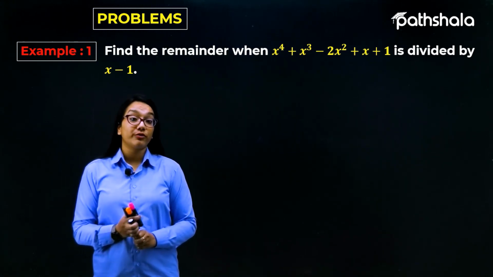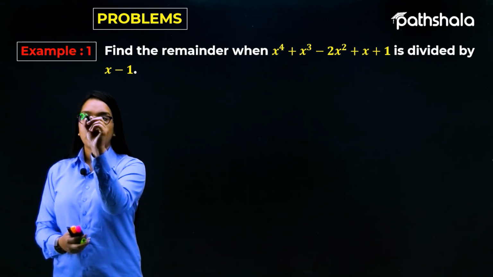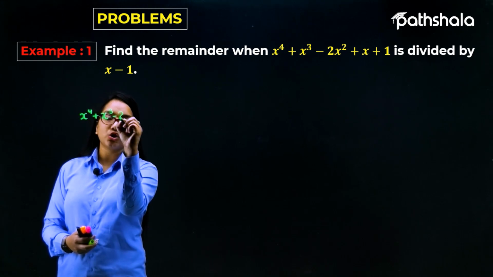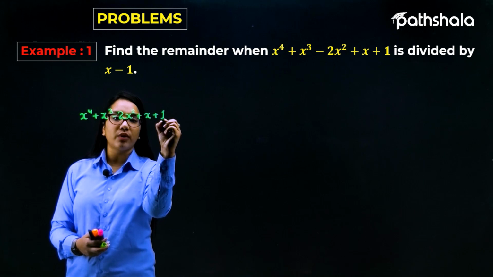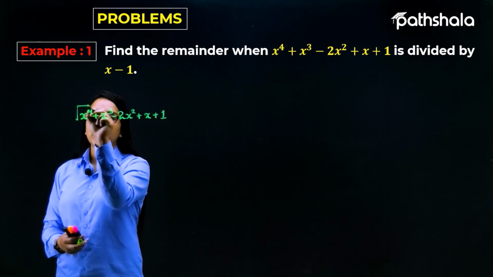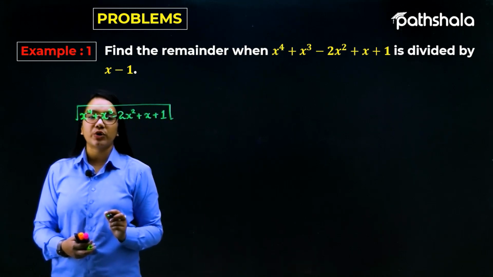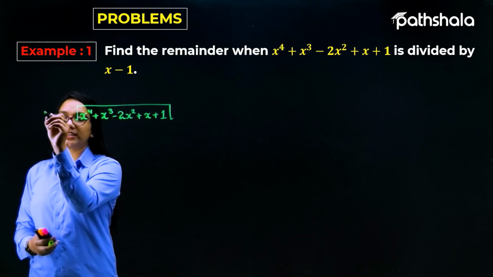First of all, we have to arrange them in descending order of their exponents. They are already arranged, so we divide by x minus 1.